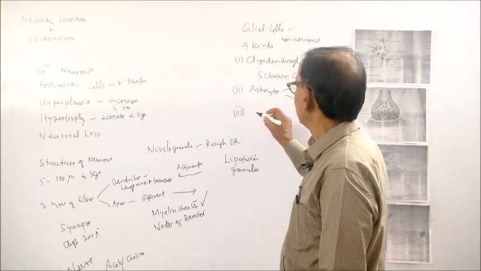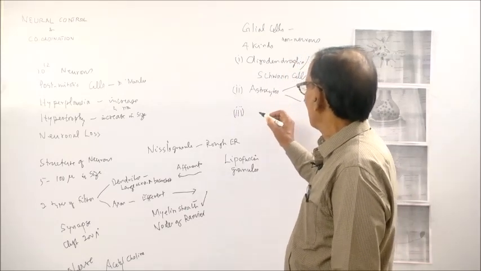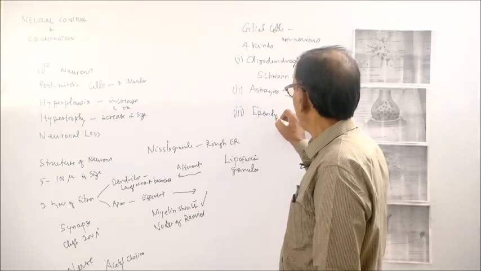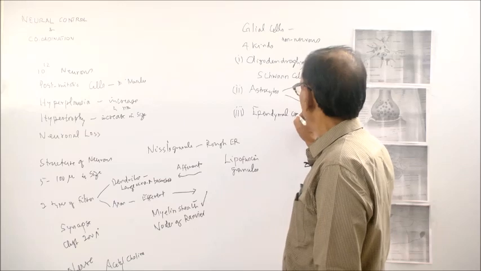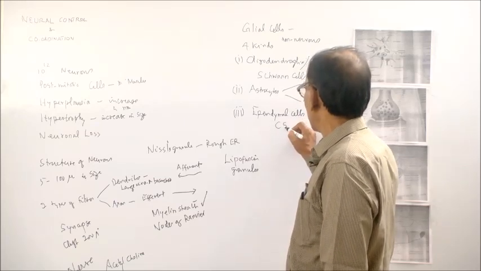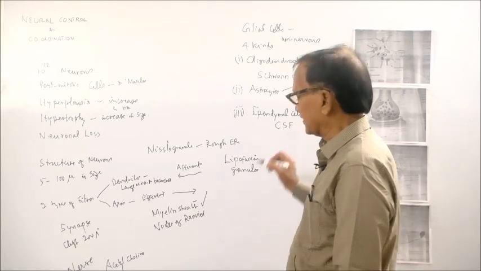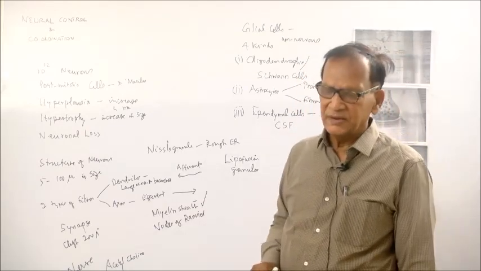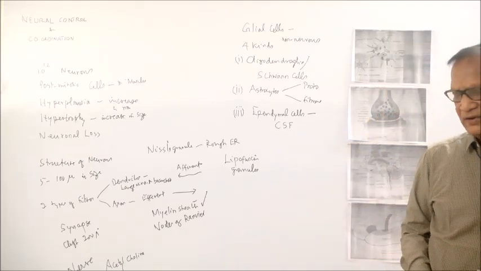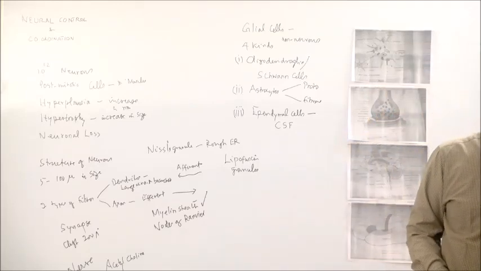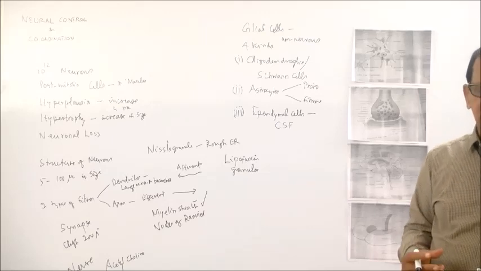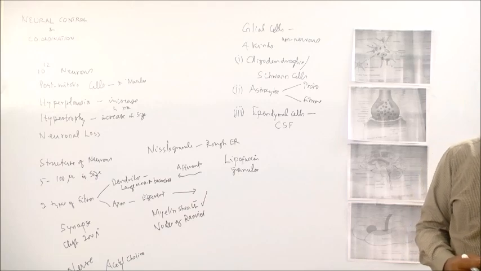And thirdly, there are ependymal cells. These ependymal cells secrete cerebrospinal fluid. If you have any idea, the brain is not a solid structure, it is a hollow structure, it is fluid filled. The cavities of the brain are called ventricles.